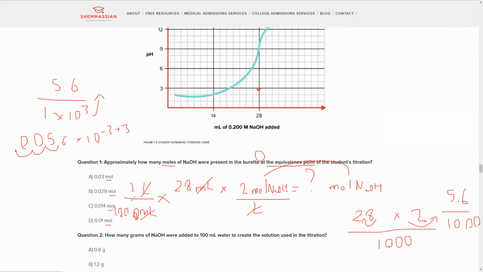But this doesn't seem to align with any of our choices, so there must be a mistake here somewhere. So what is the mistake? 1,000 milliliters per 1 liter, that's fine.